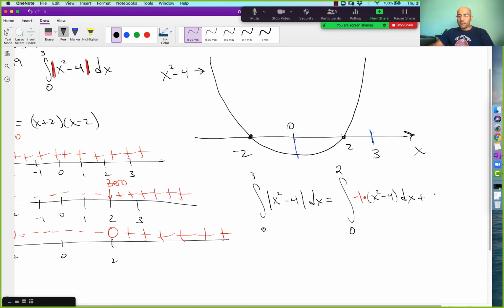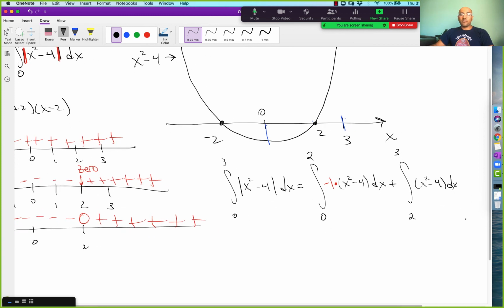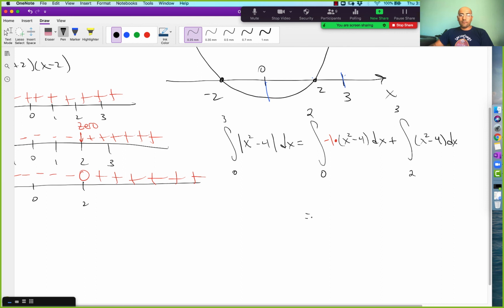Plus the integral from 2 to 3, and in that little section, I know I don't have to do anything. This part automatically gives me a positive answer, so there's nothing to do. Good. I could distribute that little minus through, or I can leave it on the outside, this little minus 1.